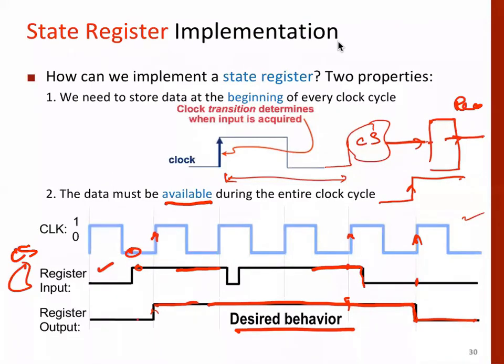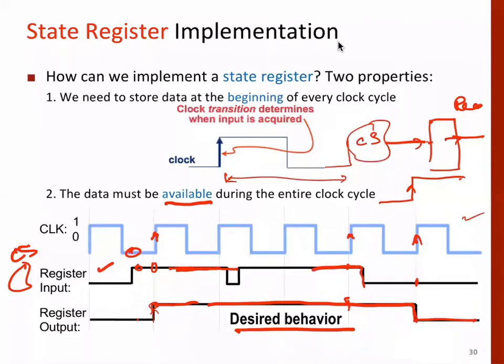The output of the register changes only at the rising edge, so the state will change only then. Here the value is 1, and at this point in time the register output will change and remain stable.